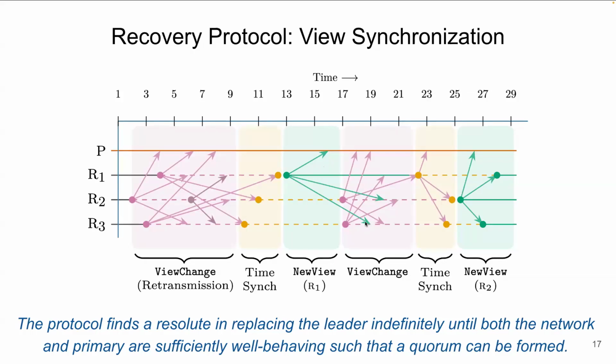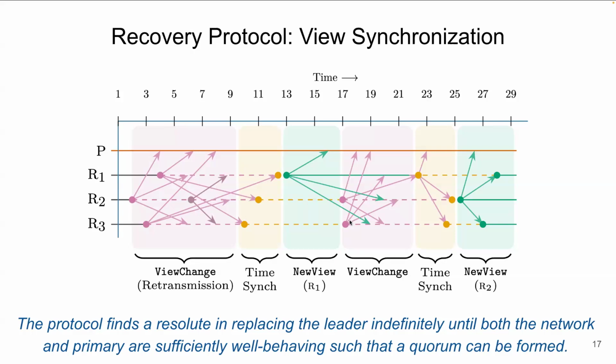But now if the new view itself arrives late, these two replicas who had synchronized were waiting, let's say, for this green period for the new view to arrive, but it didn't arrive. So they time out again, and now they try to go to yet another view. So even if this was a valid primary that proposed a valid new view, if it took too long to arrive, it could be rejected or denied the ability to become a leader.